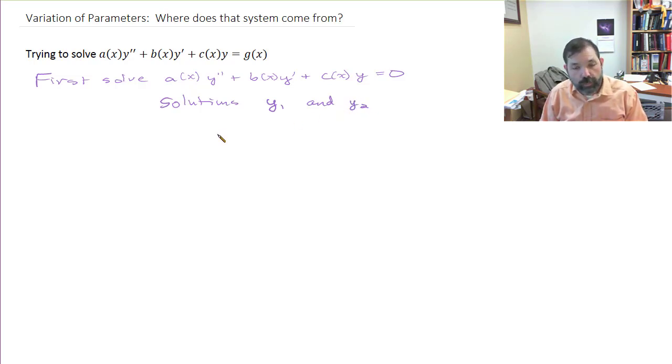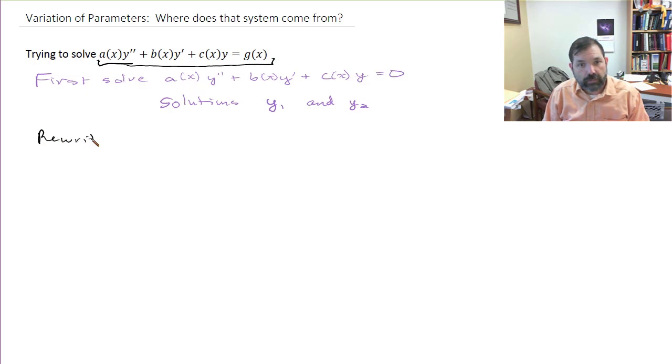All right, so now what we do is we go back to the differential equation and we rewrite this differential equation so that the coefficient on the y double prime is 1.